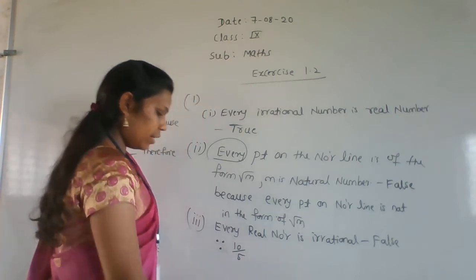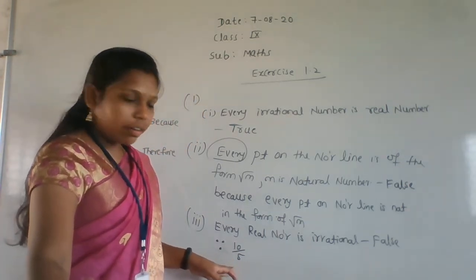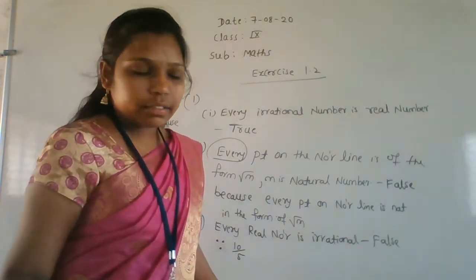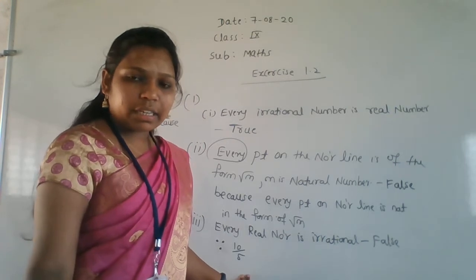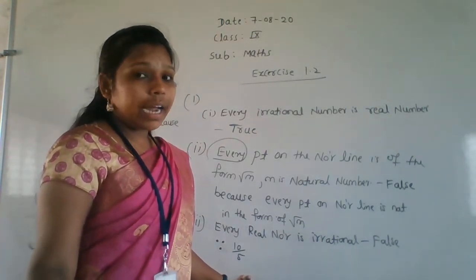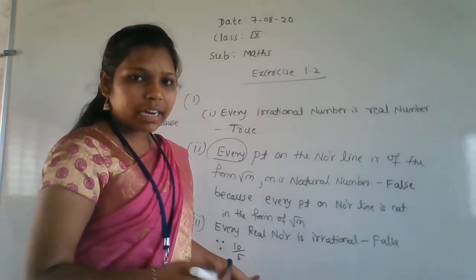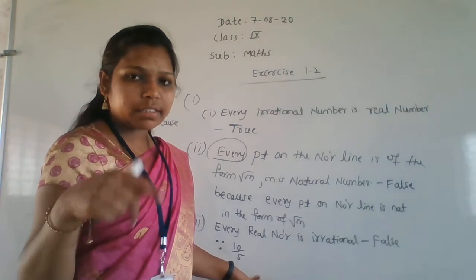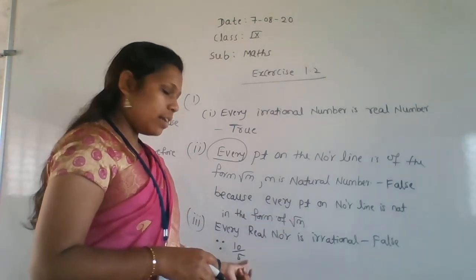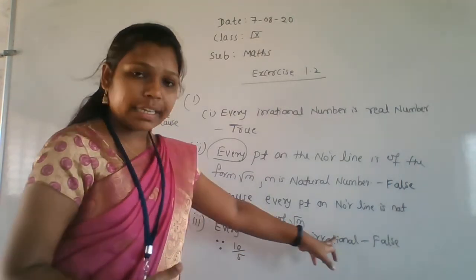Here it is a rational number and it is not an irrational number, because an irrational number is non-terminating and non-recurring. Divide 10 by 5, you will get the quotient 2 and the remainder 0. So it will terminate, right? So here it is an example of a rational number, but not an irrational number.